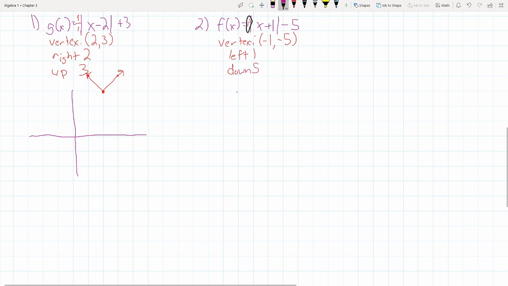So if I graph this, I can make it a high graph. So left 1, down 5. 1, 2, 3, 4, 5. Oops. 1, 2, 3, 4, 5. Right there. Nothing else about it has changed though. So my rise and my run is still 1 and 1. So I can graph this like so.